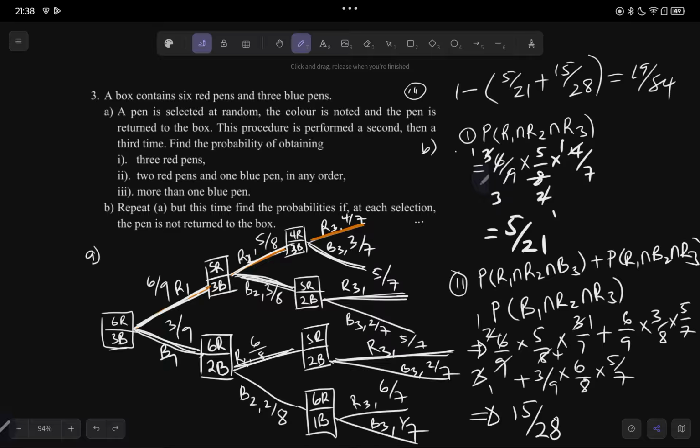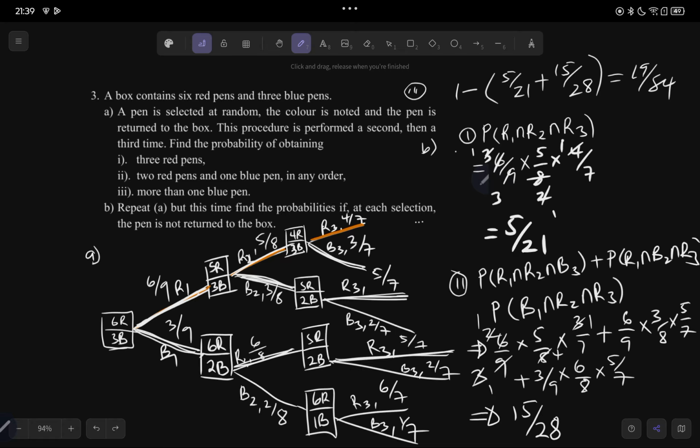That is red, blue, blue, blue, red, blue, blue, blue, red. Those are the 3 ways of getting 2 blue pens. Then you add the 3 blue pens, blue, blue, blue. So when you add those 4 outcomes, the answer will still give you 19 out of 84. But I'm leaving it to us as an exercise to tackle and see if we get the answer as 19 out of 84.